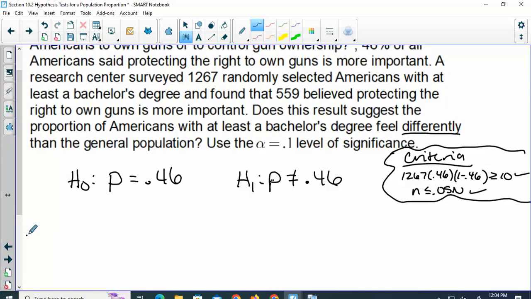To do that, we have to have the mean and the standard deviation. And we'll also need our p hat in here if it's not given. So the mean is what? Standard deviation, square root of 0.46 times 1 minus 0.46 over n.